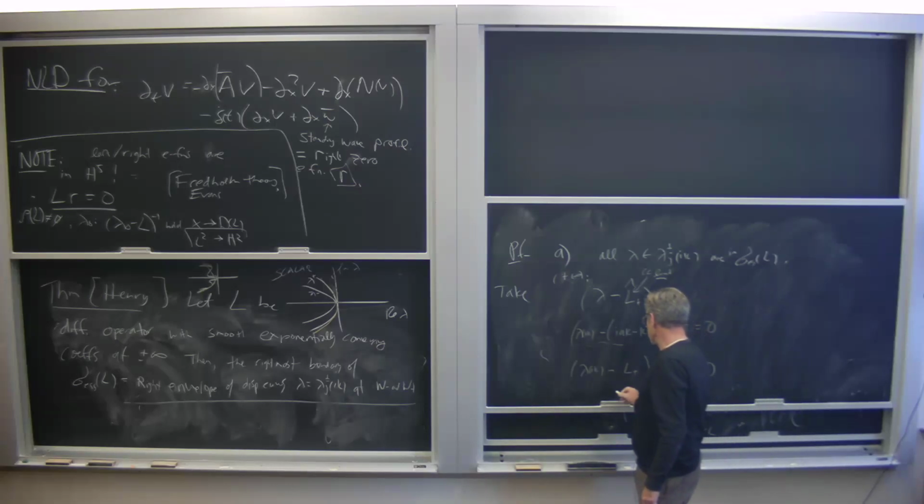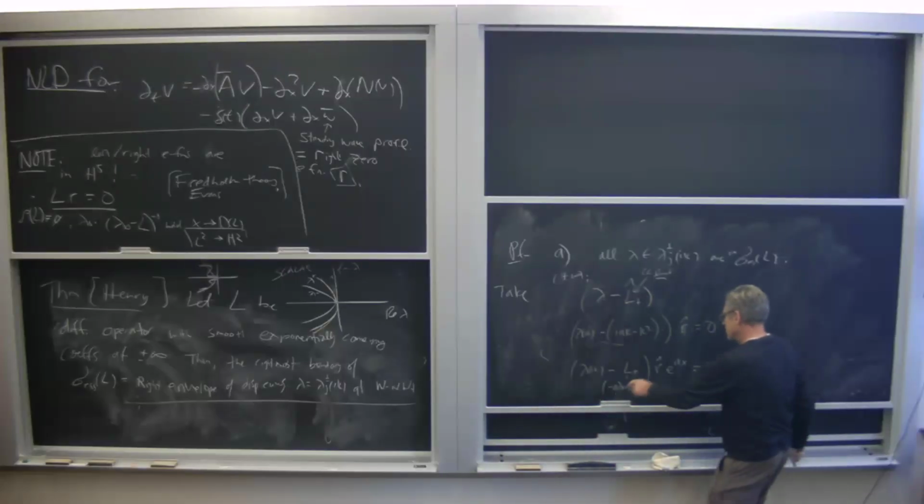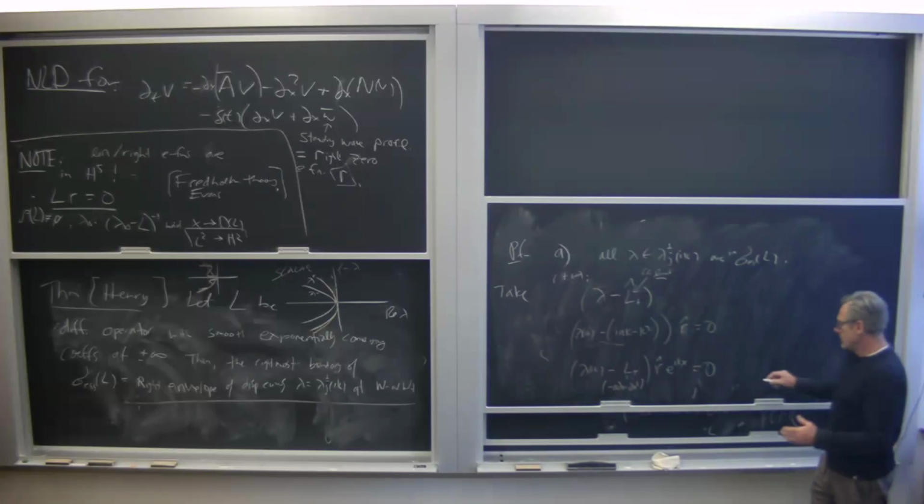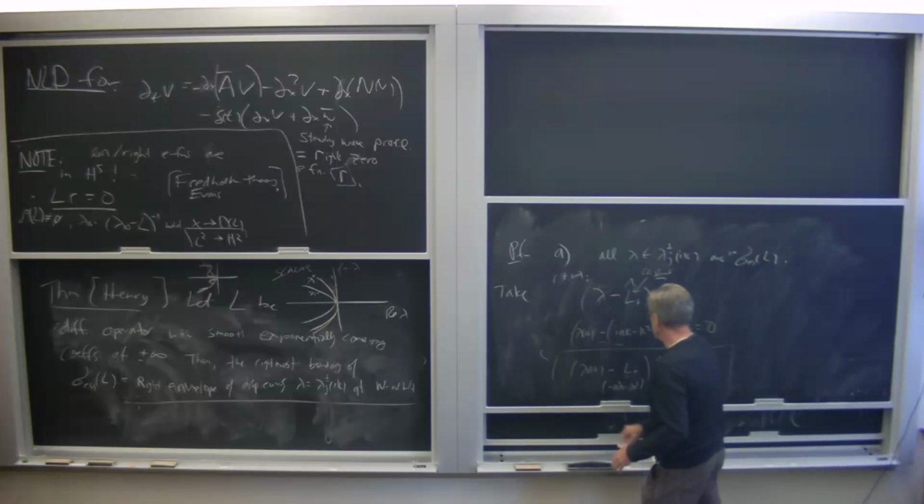L plus is just negative a dx minus dx squared. And you see that when that hits e to the ikx, every derivative brings down a factor of ik, exactly as in the Fourier transform deconstructed, I guess. So I have such a solution.